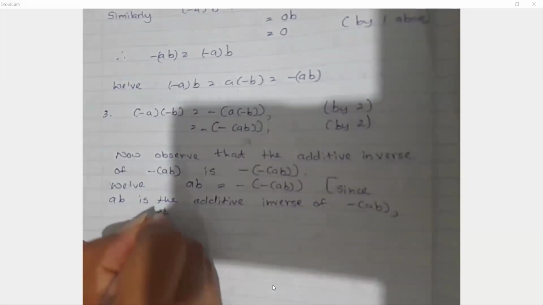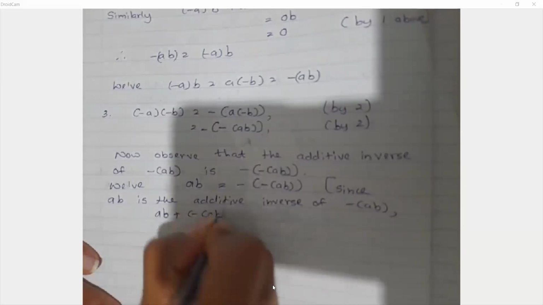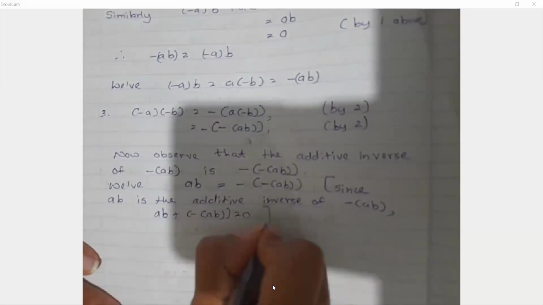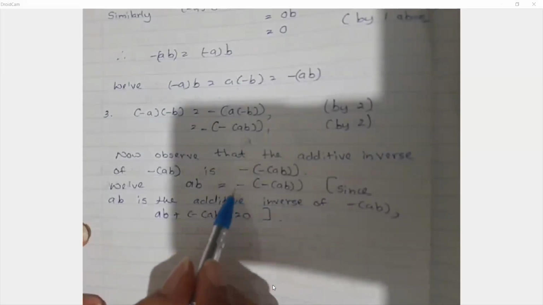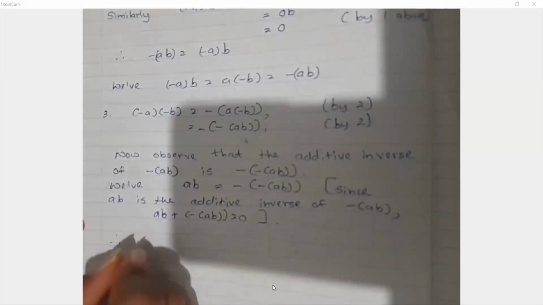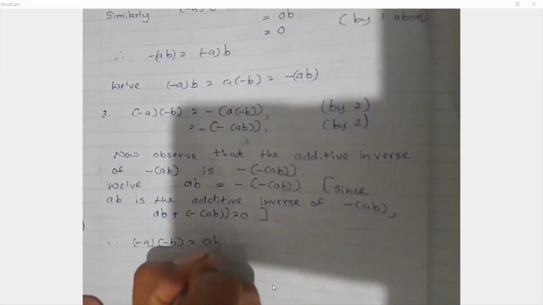This is because AB plus negative AB is equal to 0, right? So AB is equal to negative of negative AB. Therefore, we have negative A times negative B, which is equal to negative times negative AB, equal to AB.